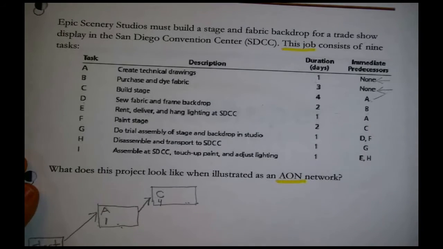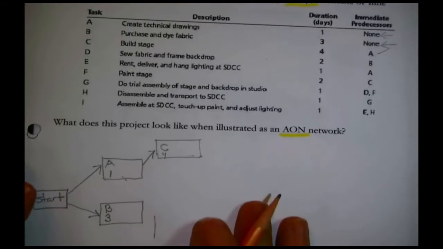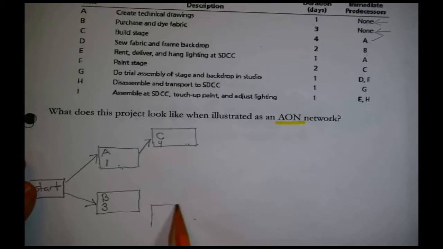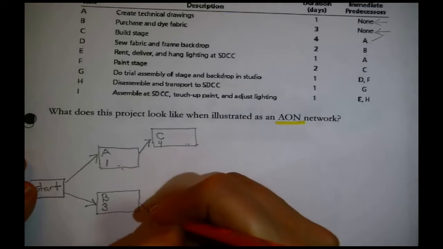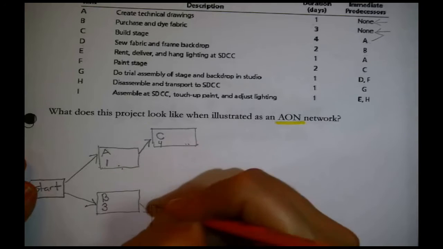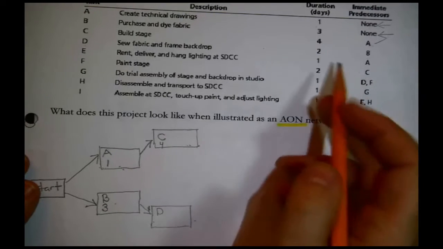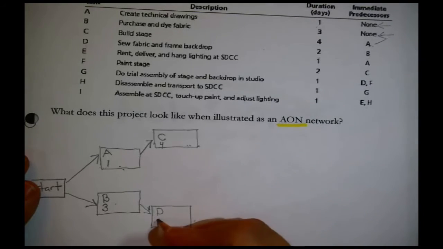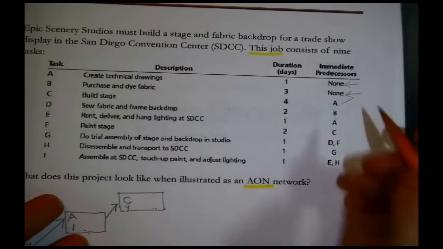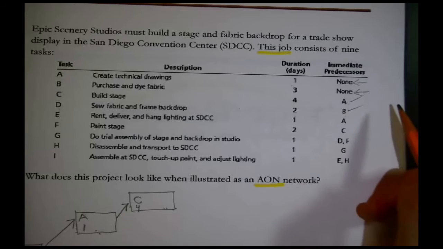Here's B, right? So I will draw D. It can be started as soon as B is finished. And D, what was it? 2 days worth of work. So then that one's done.